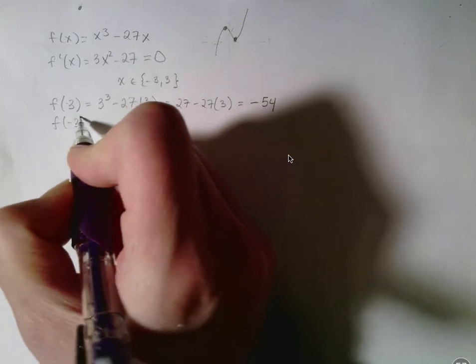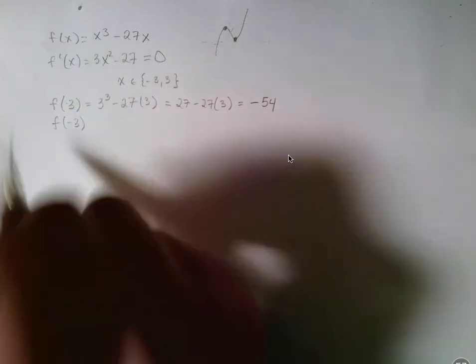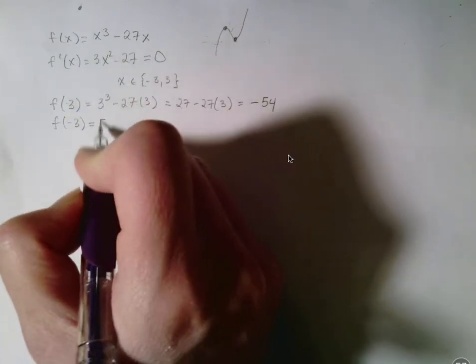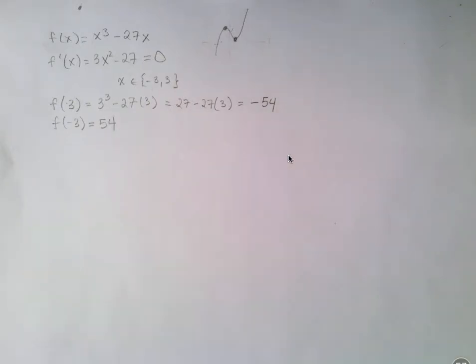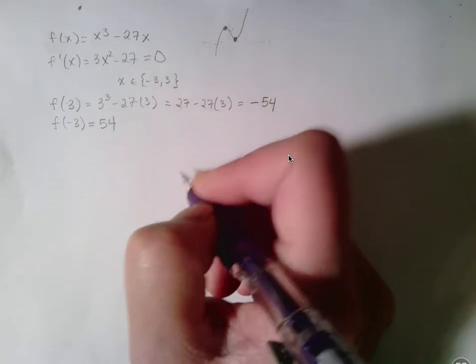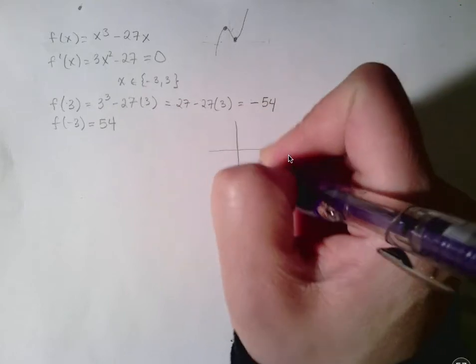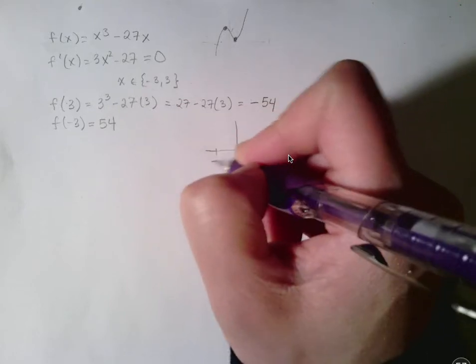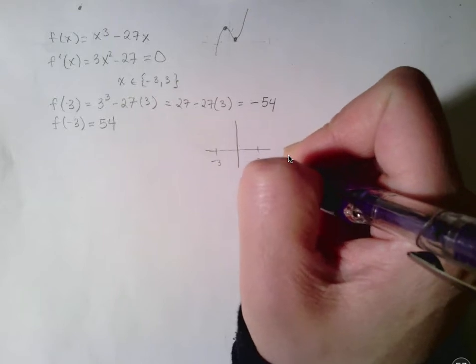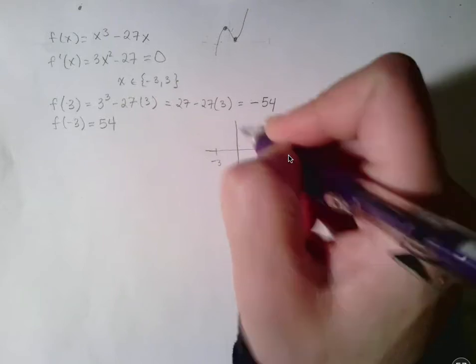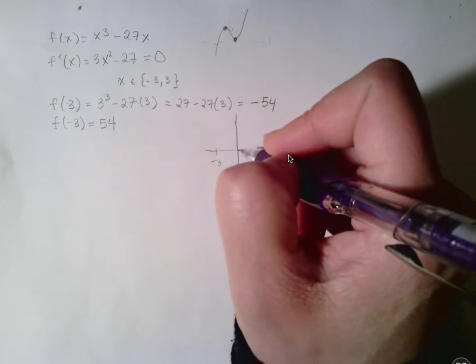And by the antisymmetry of the function, f of negative 3 we know equals 54. So now we can draw this function. Negative 3, 3, and this isn't going to be quite to scale.